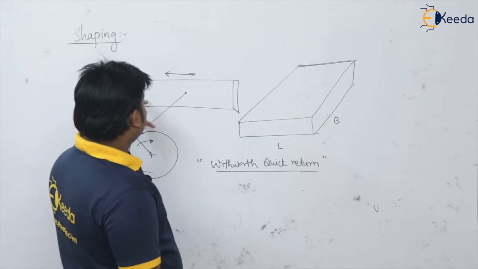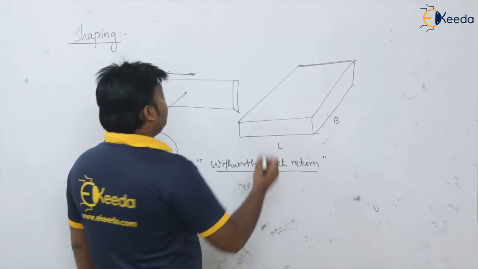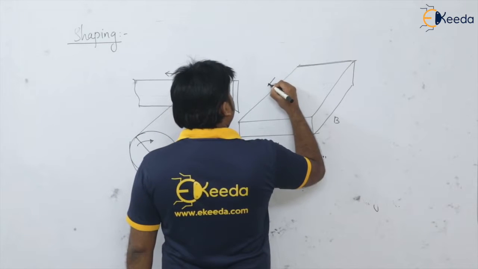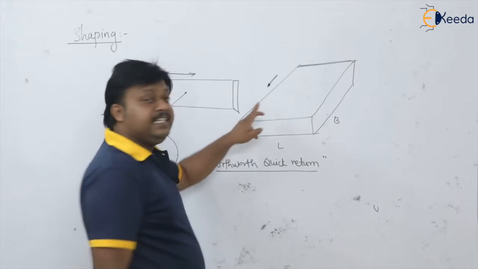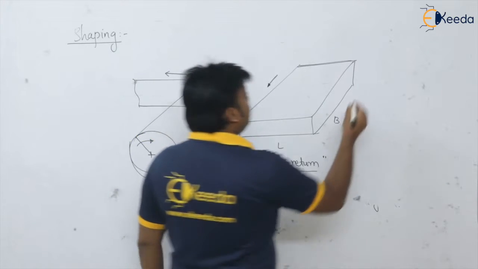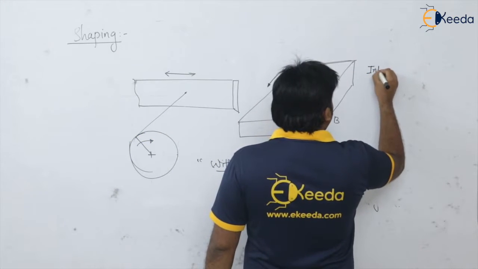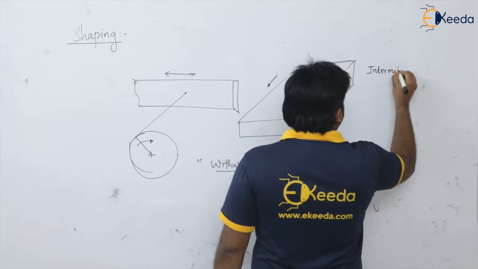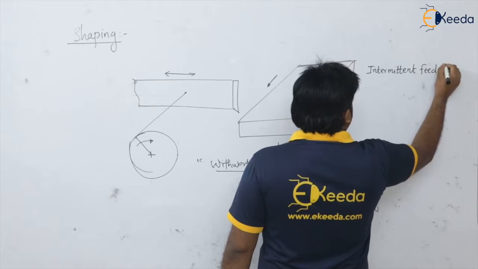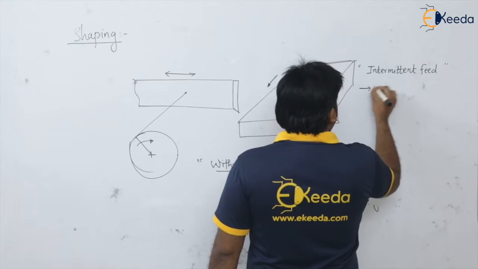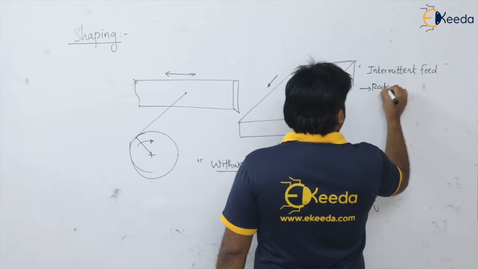So here the tool is reciprocating and the feed is given to the work, isn't it? So here intermittent feed is provided. Please remember here the intermittent feed, by using which mechanism? The ratchet and pawl.